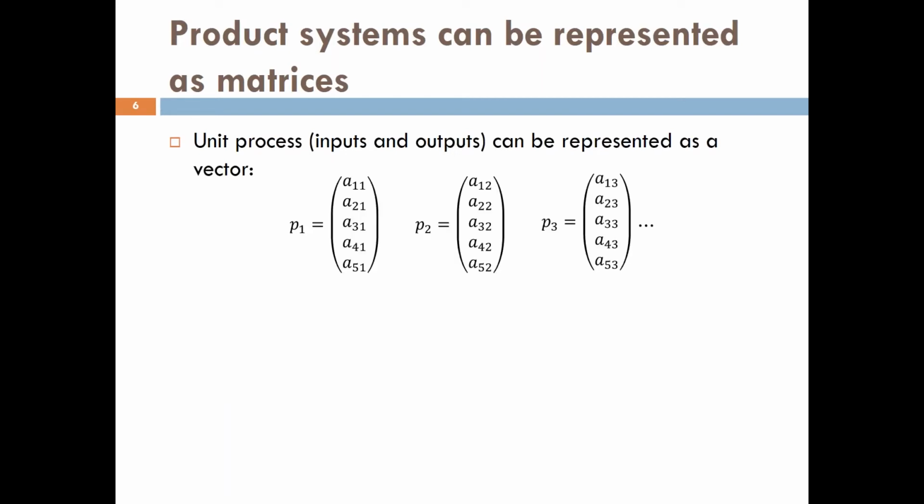So we generally represent them as a vector. For intermediate processes, you can imagine that the process 1 inputs are recorded as numbers from other unit processes. So A11 will show the amount of input from process 1 to process 1, and the amount of input from process 2 to process 1, and the amount of input from process 3 to process 1, etc. And for process 2, we can do the same thing, and process 3, we can do the same thing.